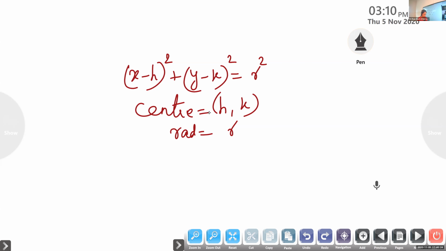Write the question. For the following equations of circles, find the center and radius.